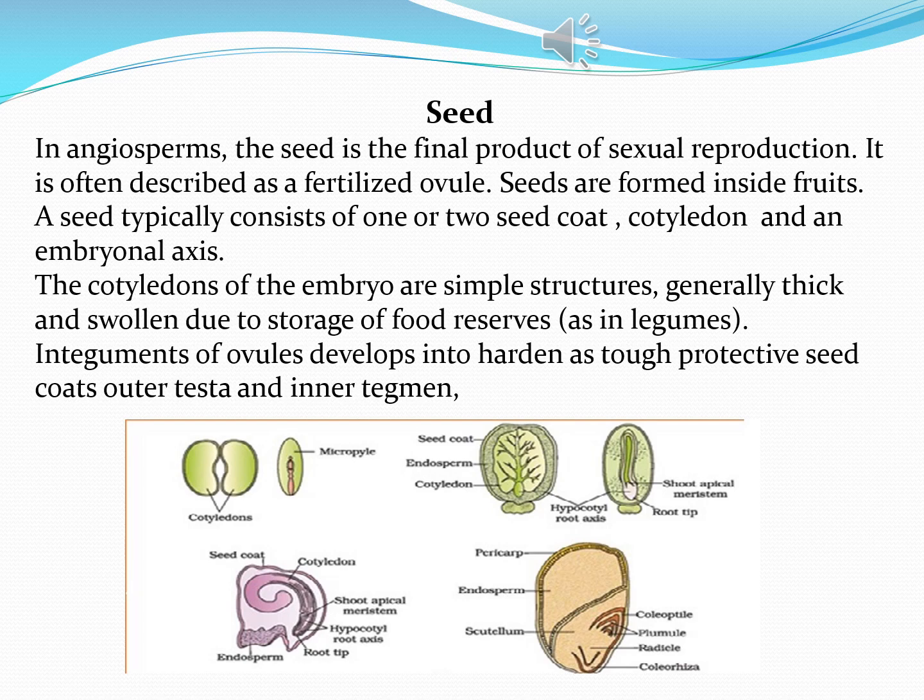The cotyledons of the embryo are simple structures. Generally they are thick and swollen due to storage of food, especially in legume plants.